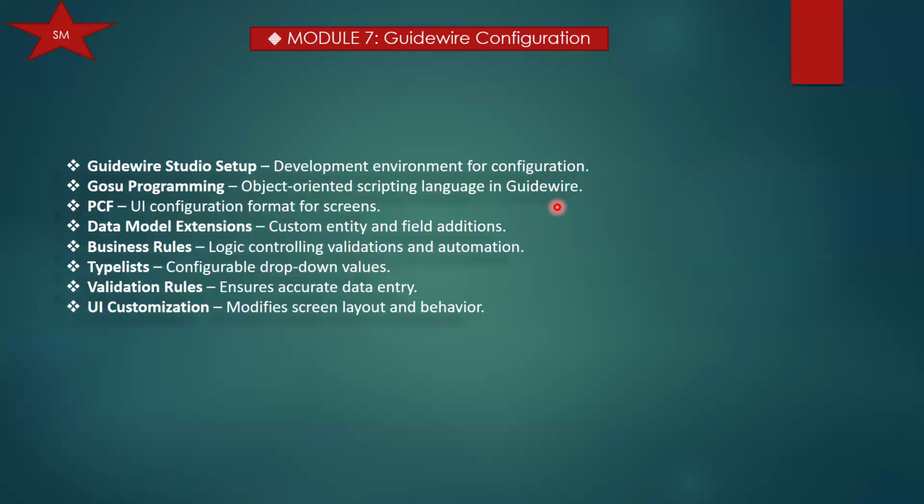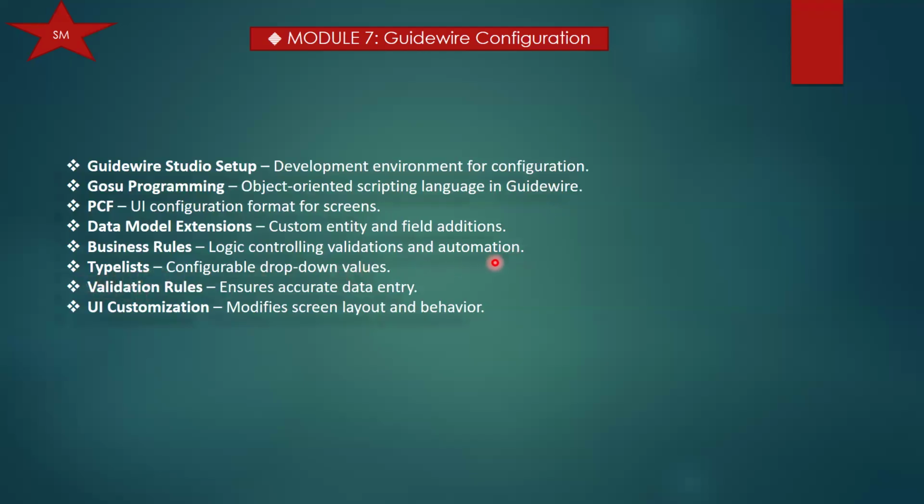And for field addition, you can take a particular table or model and add a few fields as per the requirements. And then business rule is basically logic controlling validation and automation. Whatever logic or customization you want, you can build it here, and you can think about how you will do the automation.